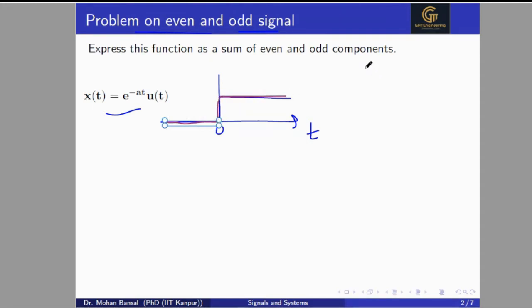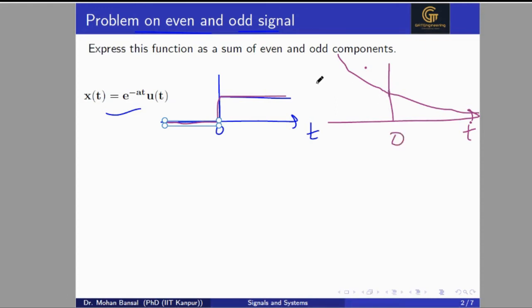Now we'll see how to draw e to the power minus at. It is an exponential signal that is decaying in nature. It starts from the negative side, decays exponentially, and goes toward the time axis. This is the 0.